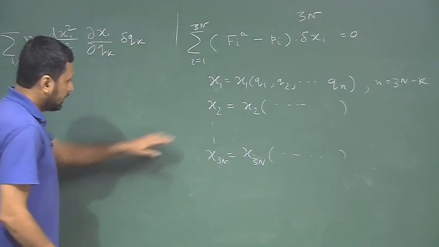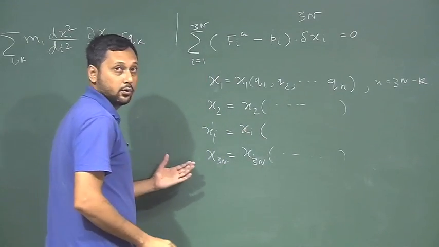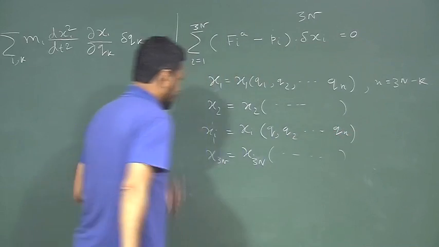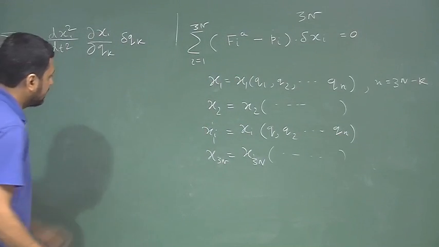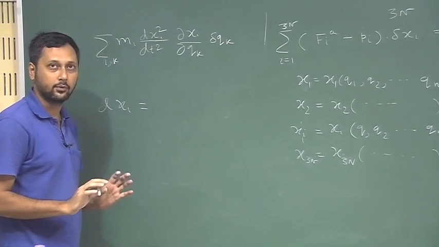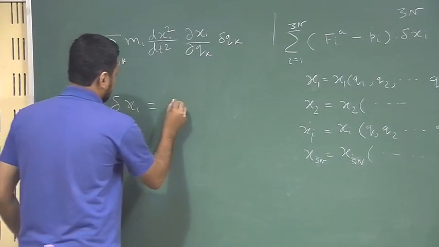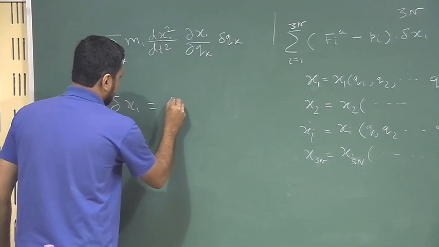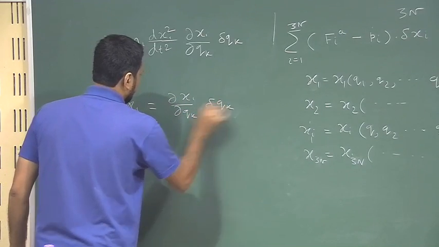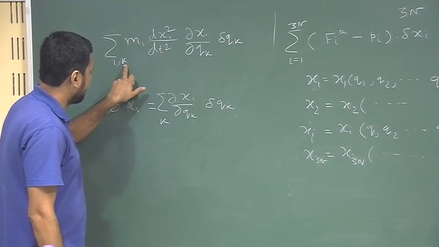So, if we look at the ith Cartesian coordinate, it is again a function of q's. Now, if we take dx_i like we did in the case of constraint equations, we can show that delta x_i is nothing but the sum over k of ∂x_i/∂q_k delta q_k. I am not repeating this calculation. Additionally, there is a sum over k.